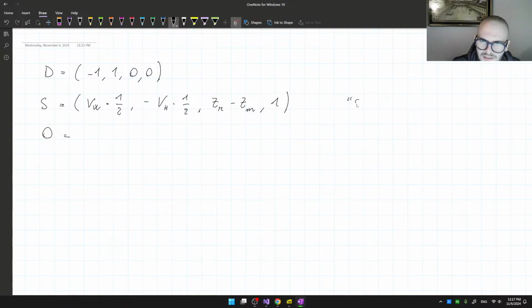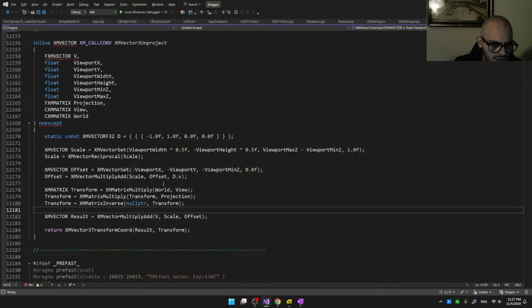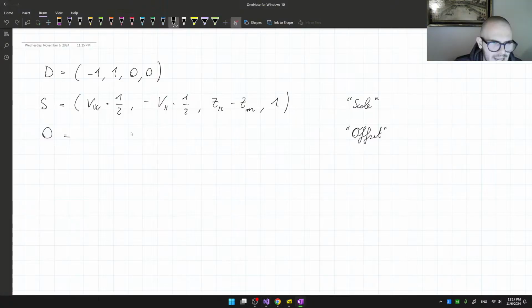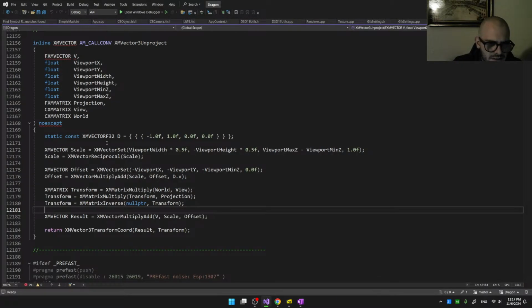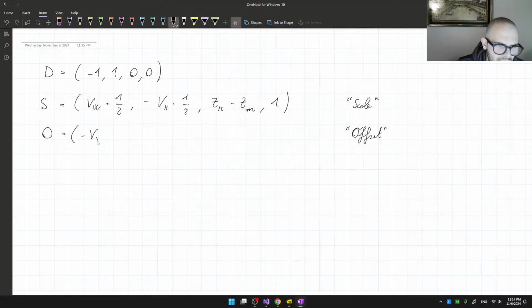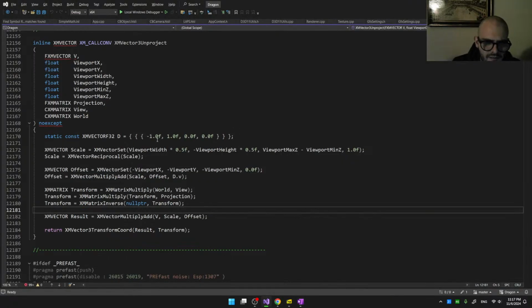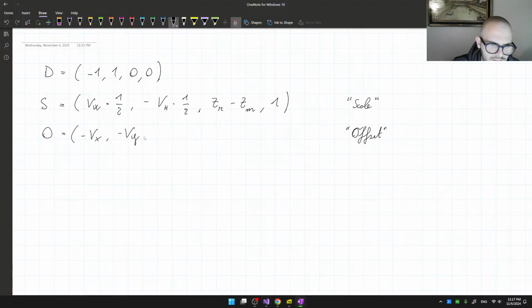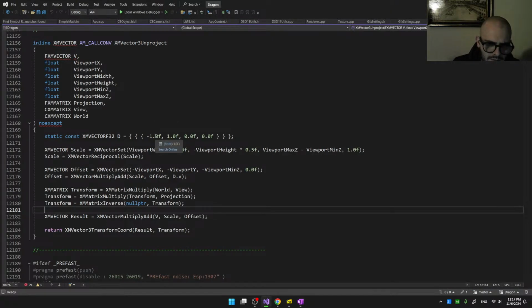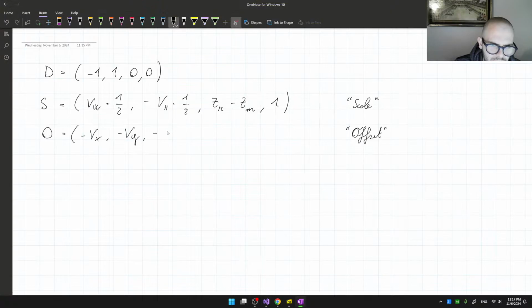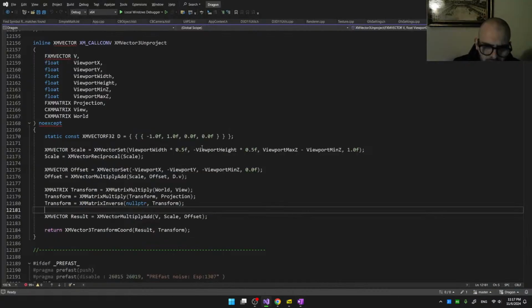So this is the scale. The offset is minus viewport X, minus viewport Y, because we also have the X and the Y, of course, minus viewport min Z, so Z min, 0.